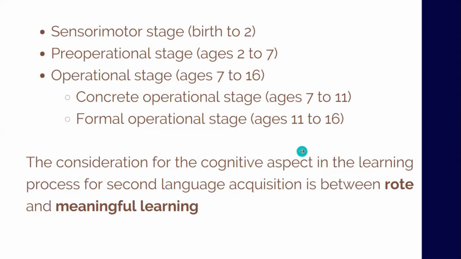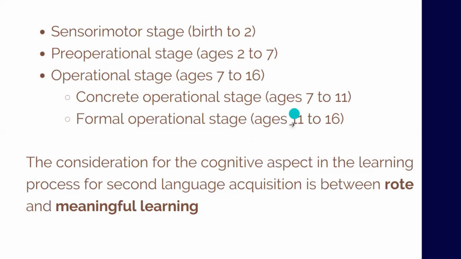And then the next one is the formal operational stage, between ages 11 to 16. At this age, children are starting to be able to think abstractly. So when you are explaining a concept, for example, the feeling of love or the feeling of sadness, the children are now able to start to comprehend the meaning of those abstract things.